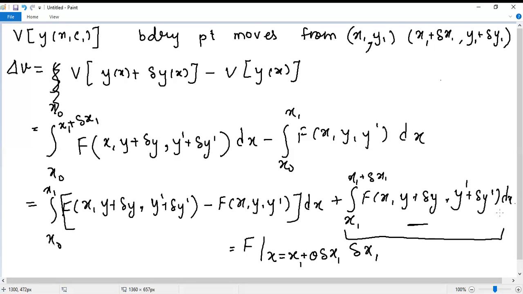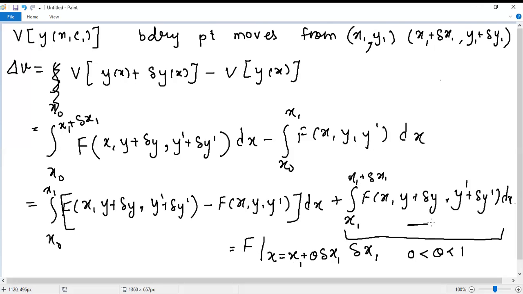That means this term is equal to this quantity. You see here this theta lies between 0 and 1. So x1 plus theta delta x1 is a point lying between x1 and x1 plus delta x1. So we evaluate f at that point, into the length of this interval.